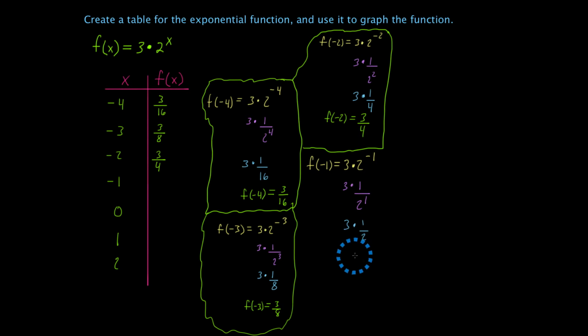And 3 times 1/2 would give me 3 over 2, or I could rewrite this so that f of -1 is equal to 1 and 1/2. And box that up.